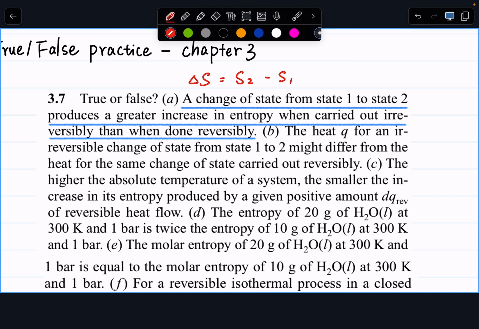So the question is saying, if this delta S is happening irreversibly, it's going to be a different number than if it happened reversibly. But we know entropy is a state function. By saying it is a state function, we're saying as long as we specify its initial and final thermodynamic state, the delta S will always be the same. So this one is false.